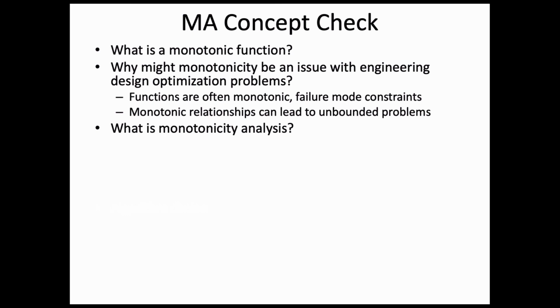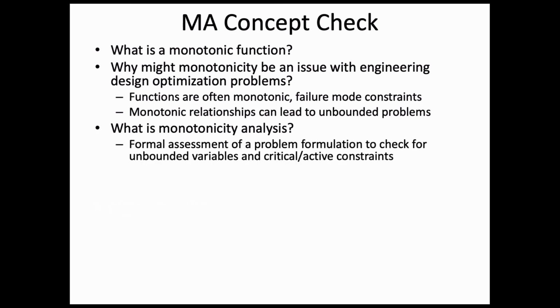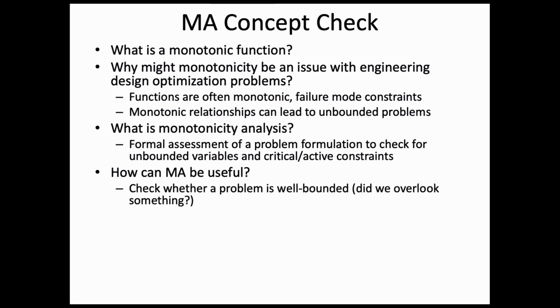What is monotonicity analysis? This is a formal assessment of a problem formulation to check both for unbounded variables and critical constraints, which we can then identify as active constraints. How might monotonicity analysis be useful? Well, we can check whether a problem is well bounded.